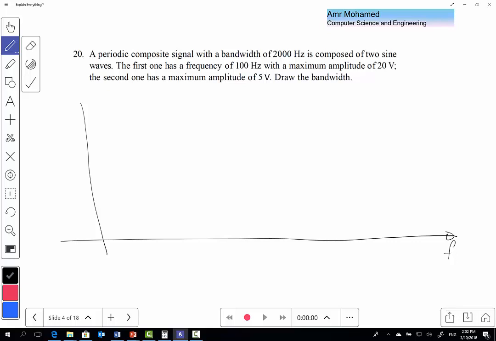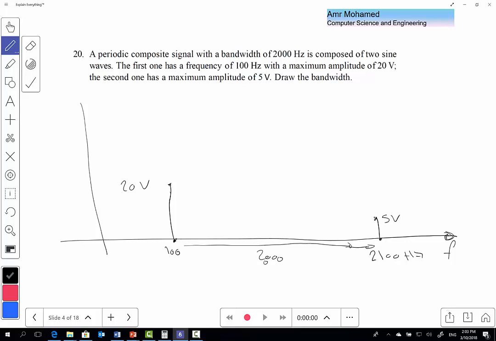The first frequency is at 100, with a maximum amplitude of 20 volt. If we have a bandwidth of 2000, so what is the maximum frequency here? It's 2100 hertz, because the total bandwidth is 2000, and the amplitude of this one is actually 5 volt.